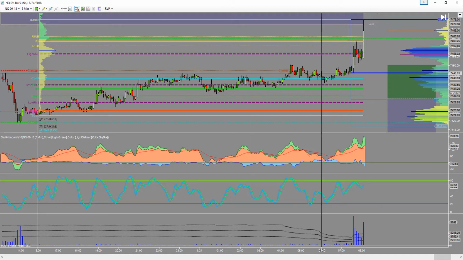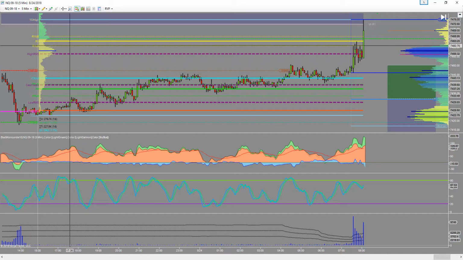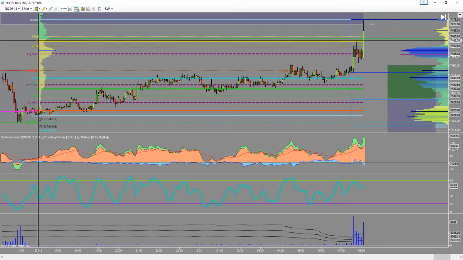So after that, we want to watch these levels pretty close. The resistance one's upper boundary and lower boundary, which of course is a mathematical calculation here.